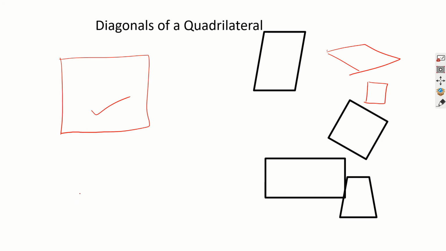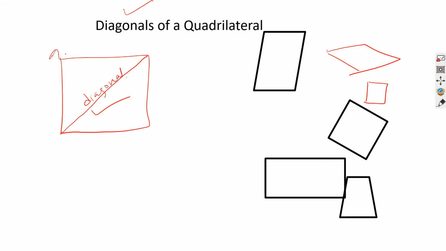Coming back. Here is a quadrilateral. Talking about adjacent and opposite vertices, we are going to join the opposite vertices and make diagonals. Join this with this. This is called a diagonal.